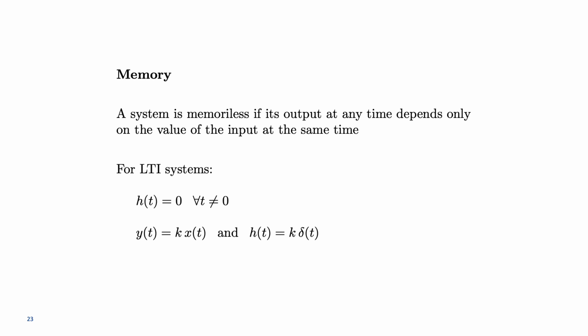So h of t has to be zero for every t that is non-zero. So what type of systems meet this requirement? Well, a simple system like the one that gives you an output y equal to k times the input. This system will have an impulse response that is simply k times delta of t. This system would be memoryless.